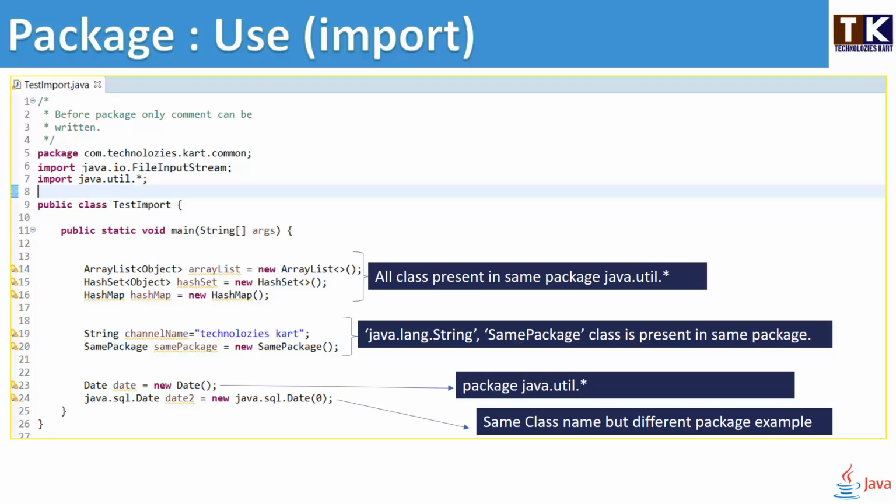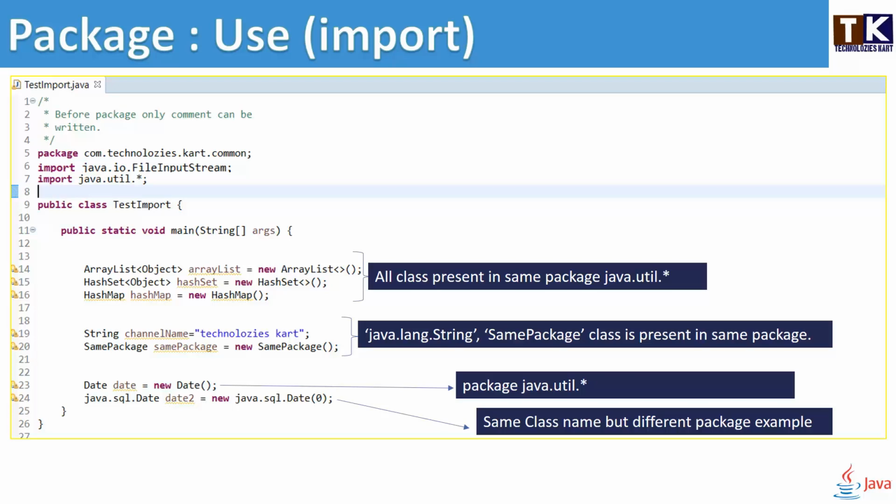From this example, we can see that import can be done in many ways, like a package with the class name to import a single class. If we use the package name with an asterisk, then we do not need to do multiple imports for each class. Let's take a scenario. If two classes have the same name but are present in two different packages, and we want to use both in the same class, what will happen?